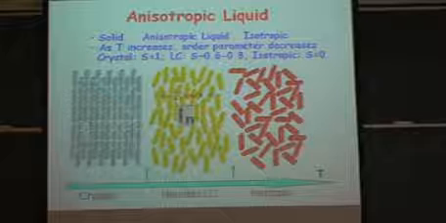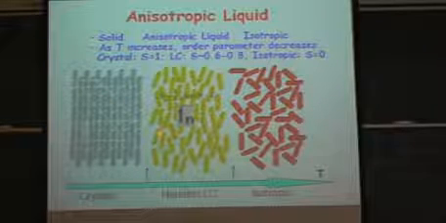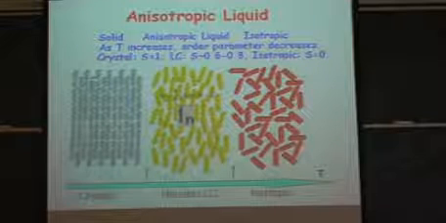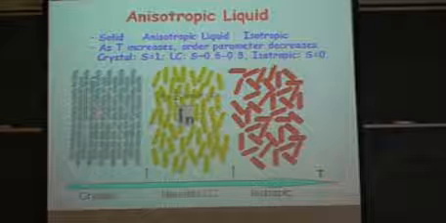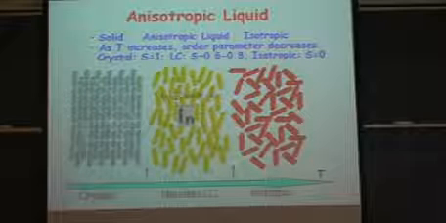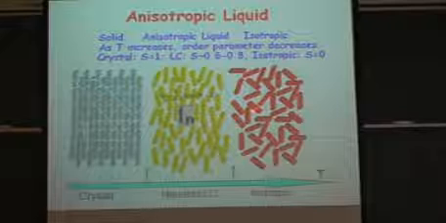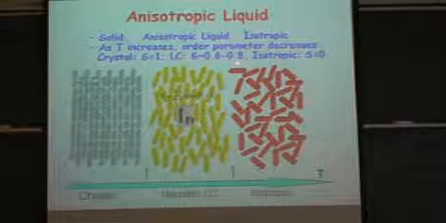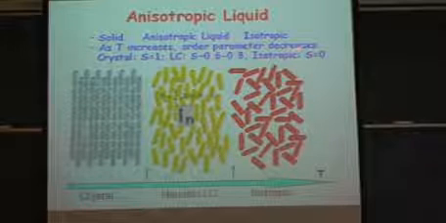This theta is the angle between the molecular long axis and the director direction. So we can understand that for a crystal, with all the structure ordered, the order parameter is 1. And for a liquid, because all the molecules are random, the order parameter is 0. And for liquid crystal, the order parameter is from 0.6 to 0.8.